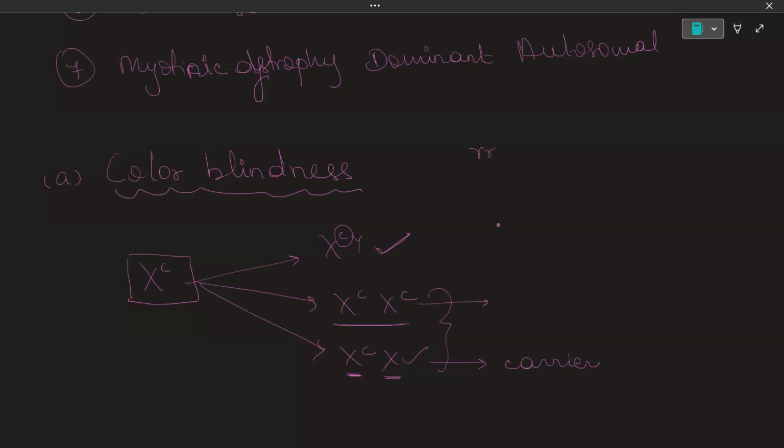Homozygous means both of the same alleles will be present, both of the same genotype. So that is a homozygous condition.